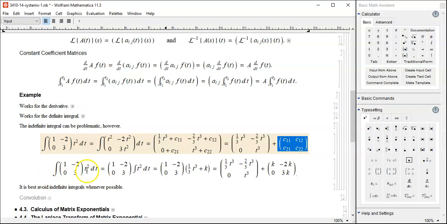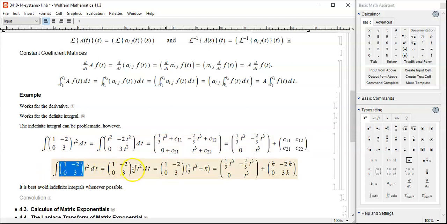However, if we take this matrix out and apply the antiderivative to the scalar function, then we have only 1 integral constant. I already used up C, so let me use K here. And then we can apply the scalar multiplication. Then this is the matrix that follows, and you have only K. Here we have 4 arbitrary entries, C11, C12, C21, C22.